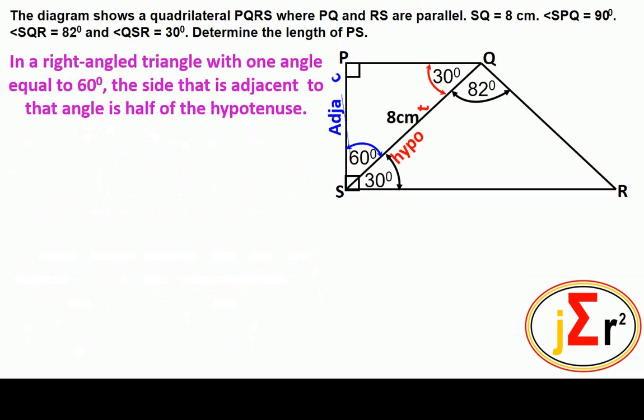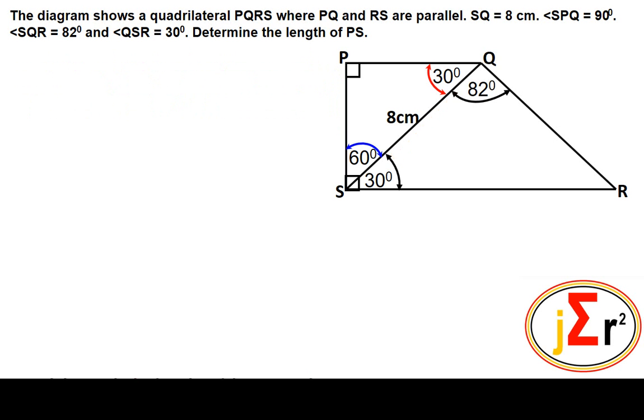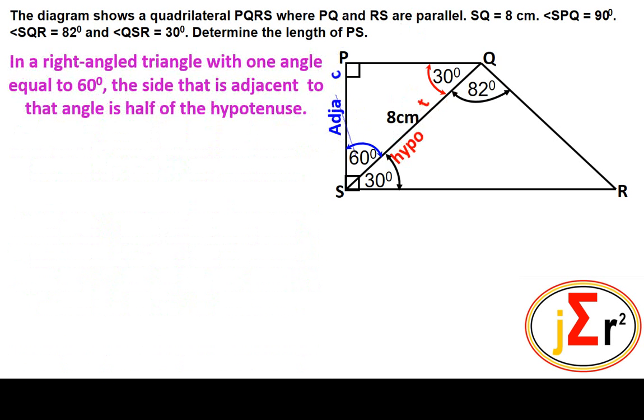In a right-angled triangle with one angle equal to 60 degrees, the side that is adjacent to that angle is half of the hypotenuse. Remember that we are talking about a right-angled triangle. In a right-angled triangle, the side that is adjacent to the 60 degrees angle, if there's a 60 degrees angle, and we surely have one right here, is half of the hypotenuse.